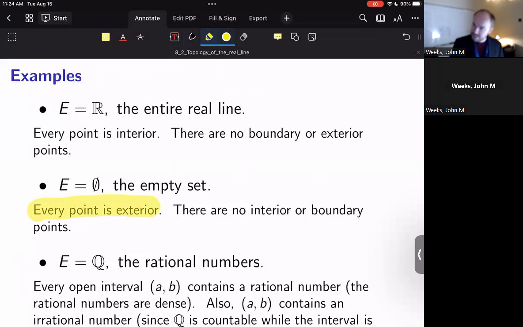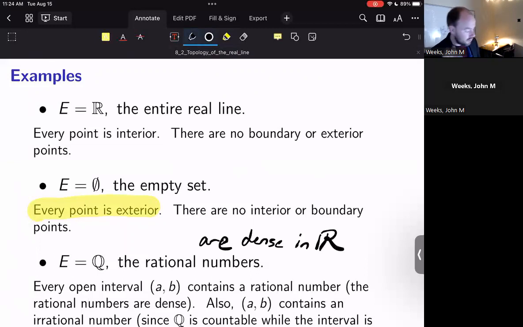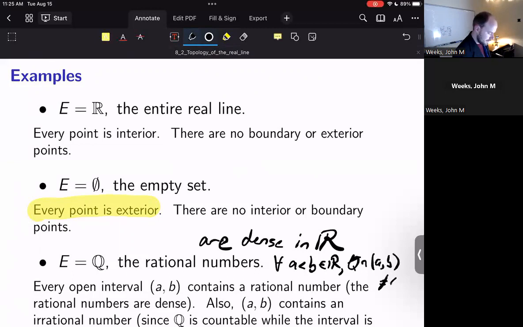Now, another good and interesting part is to look at the rational numbers. Recall that we know a good bit about the rational numbers. Namely, the rational numbers are dense inside of R. And what does that mean? What does it mean for rational numbers to be dense? That means for all open intervals inside of R, the rational numbers intersected with that open interval is non-empty.